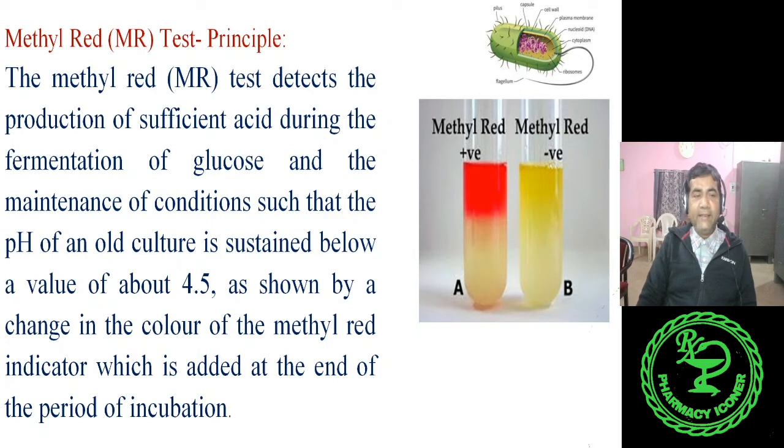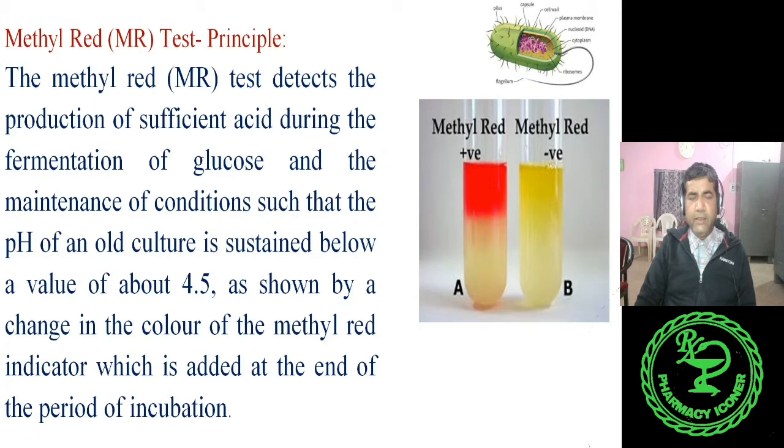Methyl red test. The methyl red test detects the production of sufficient acid during the fermentation of glucose and the maintenance of conditions such that the pH of an old culture is sustained below a value of about 4.5, as shown by the change in the color of the methyl red indicator, which is added at the end of the period of incubation.